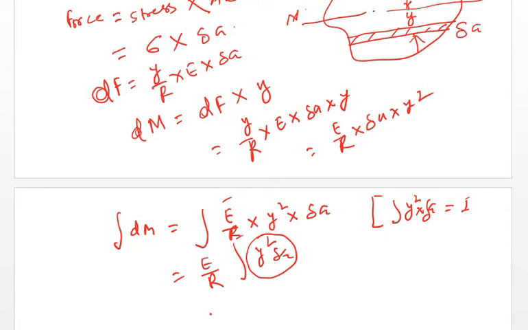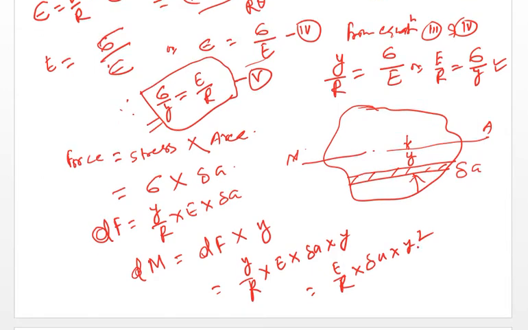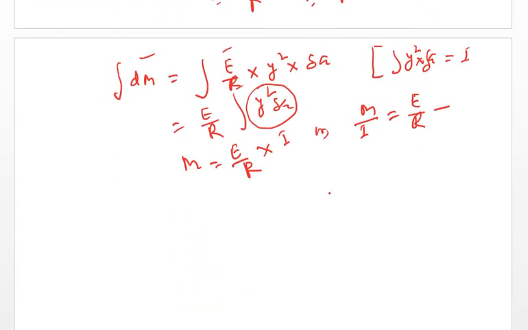So M will be E upon R into I, or M upon I equal to E upon R. Suppose this is equation number 6.